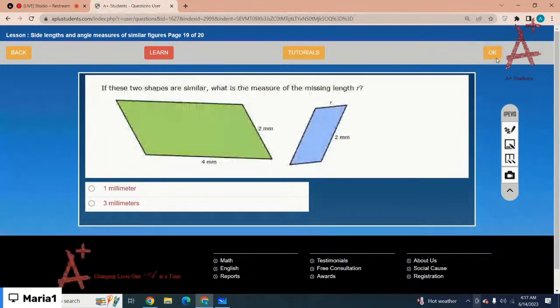Okay, if these two shapes are similar, what is the measure of the missing length? Which is the correct option? Very good. That would be 1 millimeter. The correct option is 1.